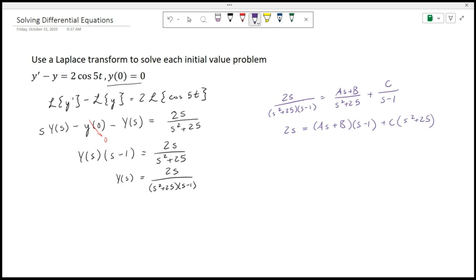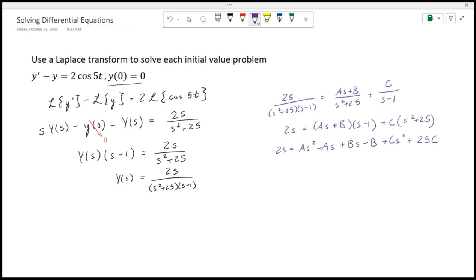It doesn't work so great here because of that as plus b multiplying by a binomial. So I am going to go back to the traditional method of setting up a system of equations from these coefficients. So the next step will be to distribute everything, get rid of all the parentheses on the right side. So 2s is going to equal as squared minus as plus bs minus b plus cs squared plus 25c.